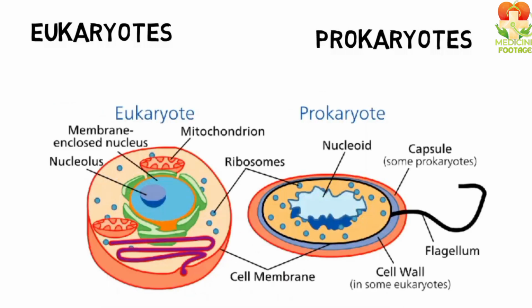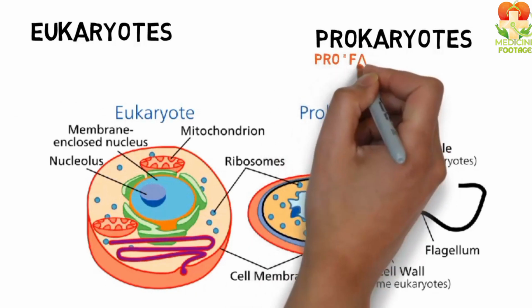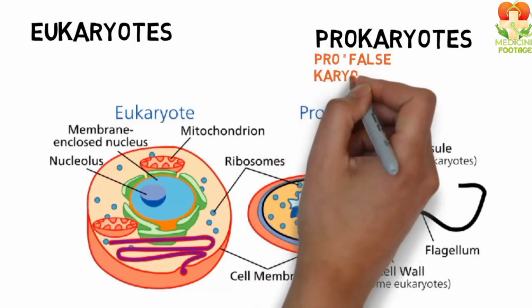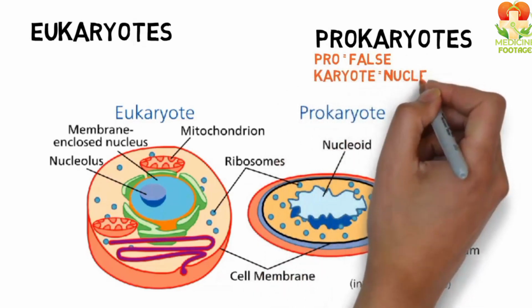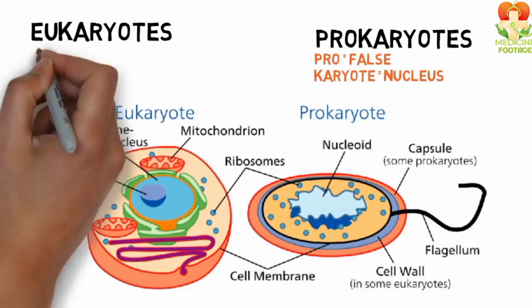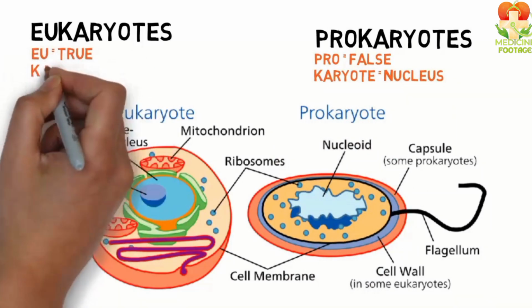Eukaryotes is made up of two words, eu and karyote. Prokaryotes is also made up of two words, pro and karyote. Pro means before or primitive, while eu means true and karyote means nucleus.